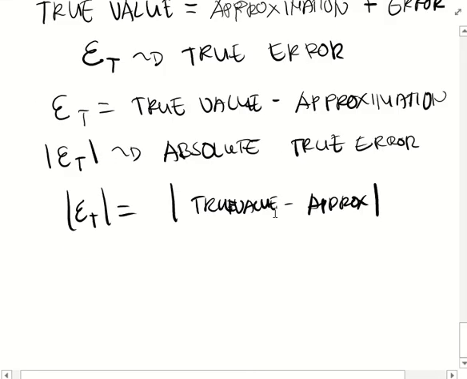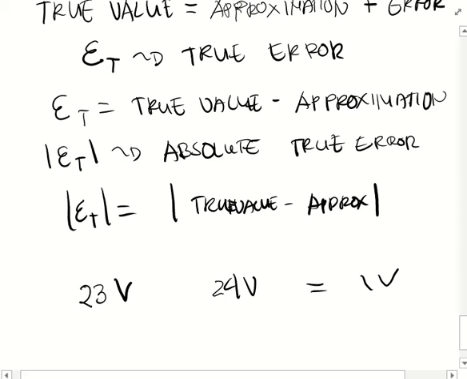Now, it's not good to define error in terms of true error only. For example, I take a voltmeter and measure some voltage, and the measured value is, let's say, 23 volts, and the actual voltage, the true value, is 24 volts. So the true error here is just equal to 1 volt.